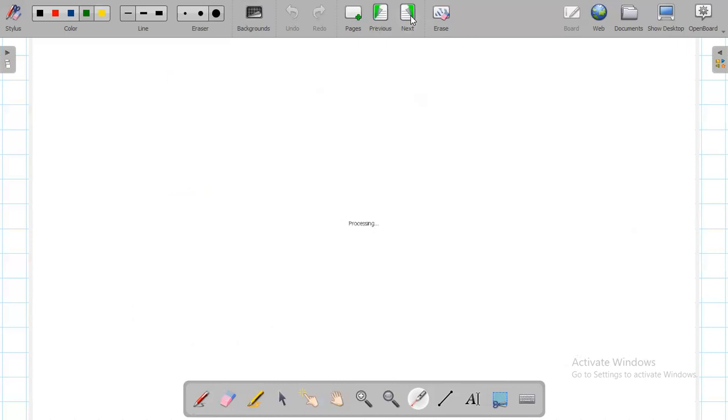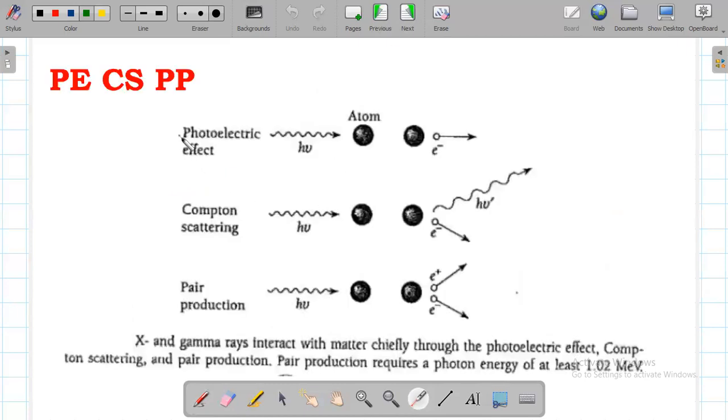Then this is the comparison between the photoelectric effect, Compton scattering and pair production. In the photoelectric effect, this is the photon with energy hν, and this is the electron.